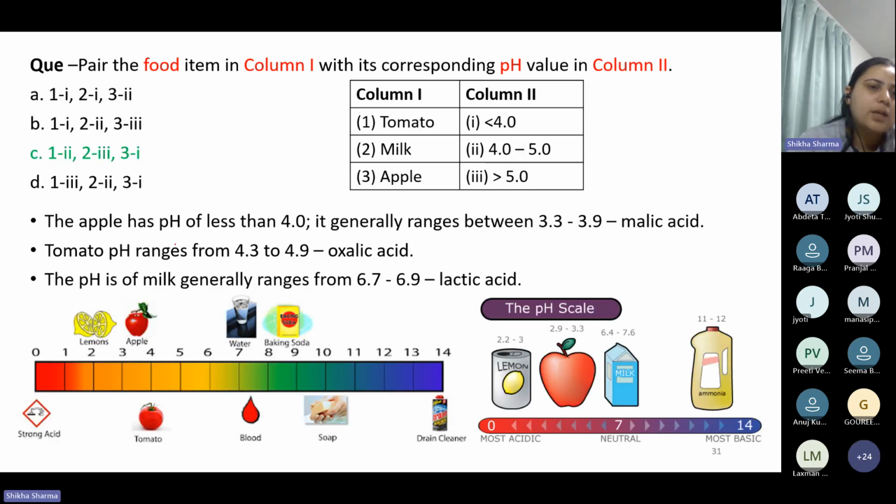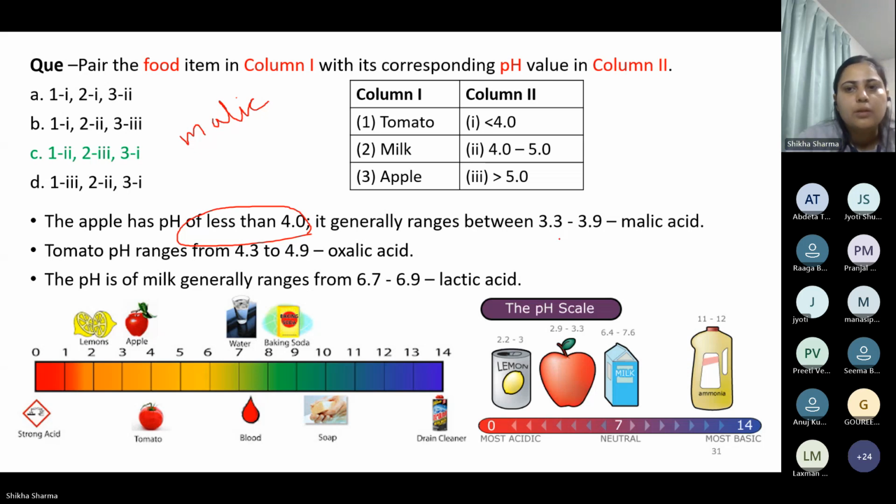Option C is correct actually. The apple has a very low pH, less than 4, which is due to the presence of malic acid, which is an organic acid present in apple.